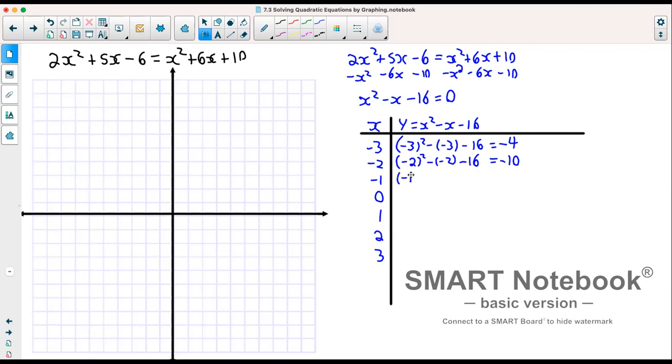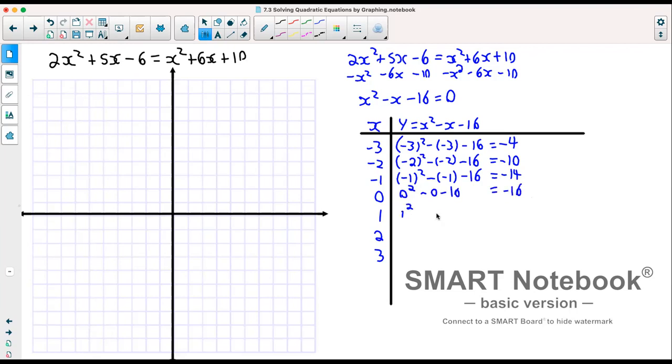Next, we have -1, so we've got -1 squared minus -1 minus 16. So -1 squared is 1, minus -1 would be 2, minus 16 gives us -14. Next, we've got 0, so 0 squared minus 0 minus 16 gives us -16.